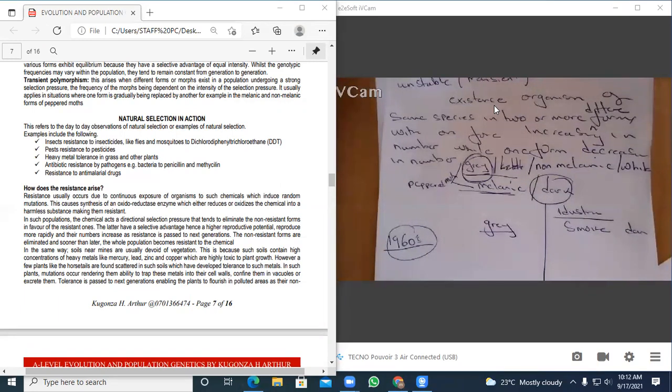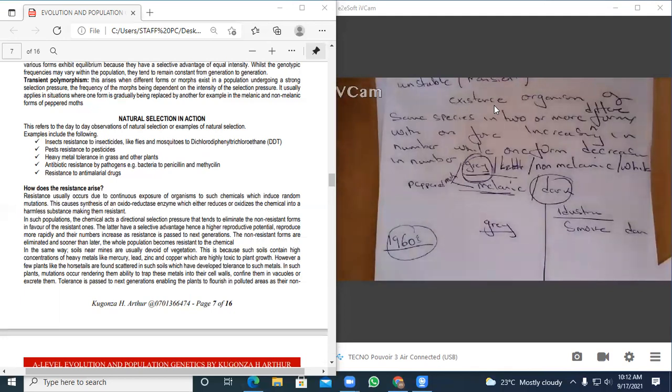They will be selected for, reproduce and increase in number. While the gray ones, since the tree barks have been painted black, can easily be seen because it is white and the background is black. It cannot camouflage. Now it will be selected against. Therefore, one form will increase and one form will decrease.